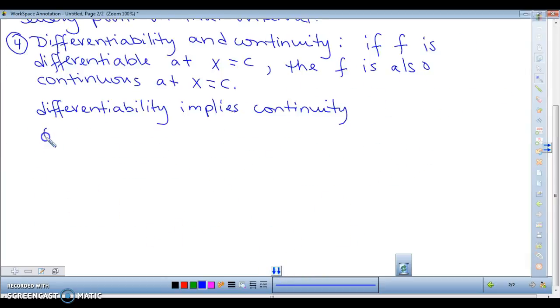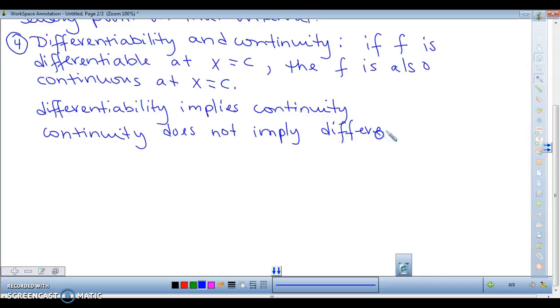Alright, but continuity does not imply differentiability. So the converse of this statement is not true here. Just because it's continuous does not mean that it's differentiable.